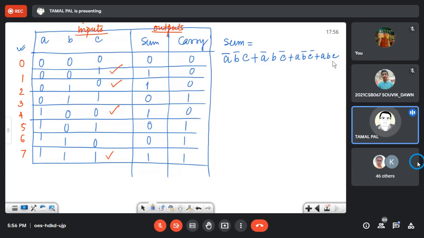Is there any doubt? If there is any mistake or anything that you haven't understood, you can tell me. Understood or not? Yes, sir. Okay. Is it then carry? Please feel free to ask me if you haven't understood it.